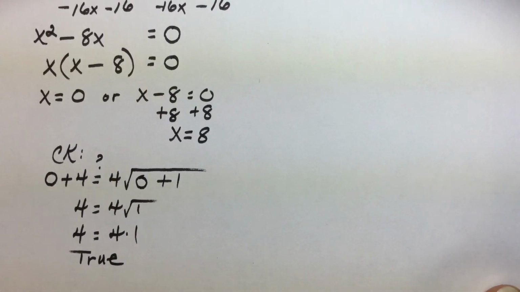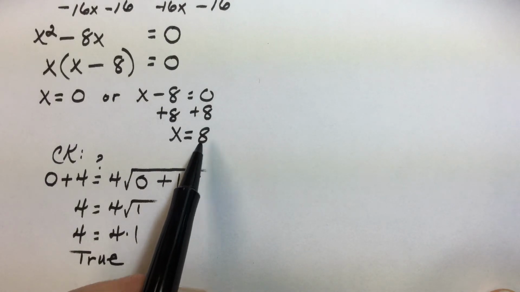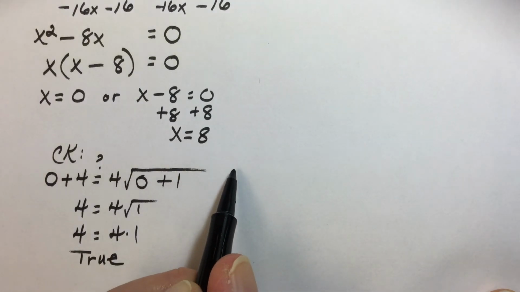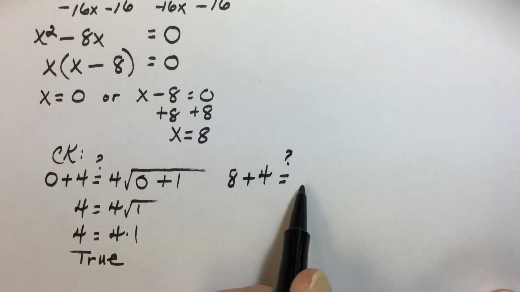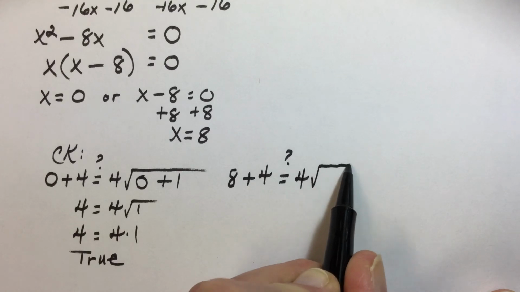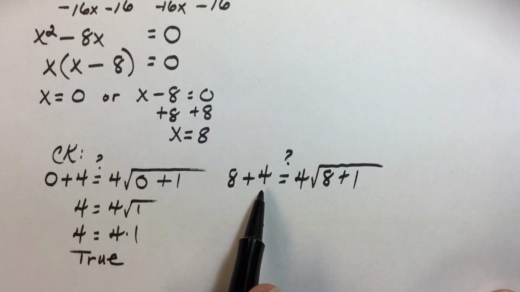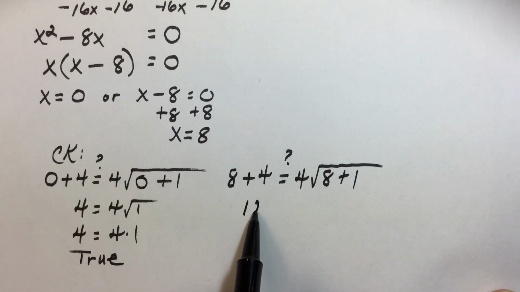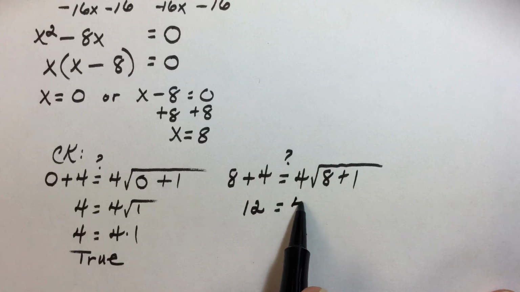Does the other one check? Well, let's replace x with that value, which was 8. So we will have x, which is 8, plus 4. And we're going to test to see if that's equal to 4 times the square root of x, which is 8, plus 1. On the left, we can substitute a value of 12 for that addition.